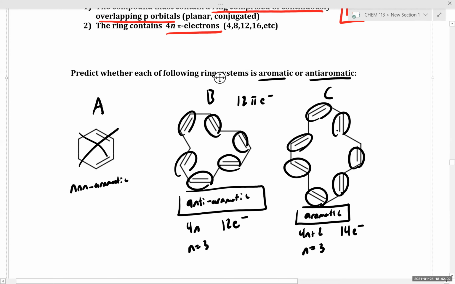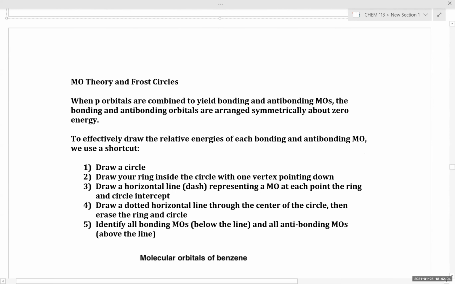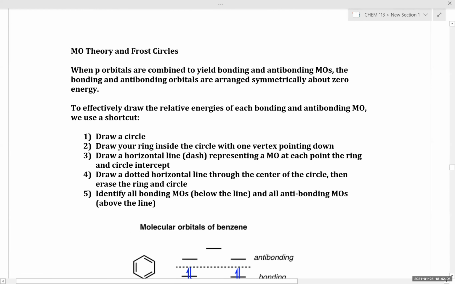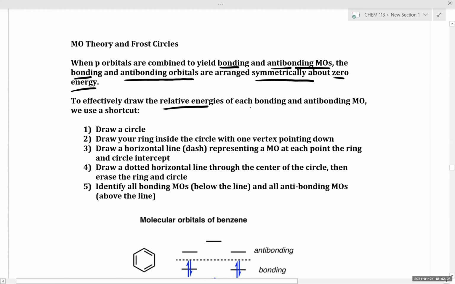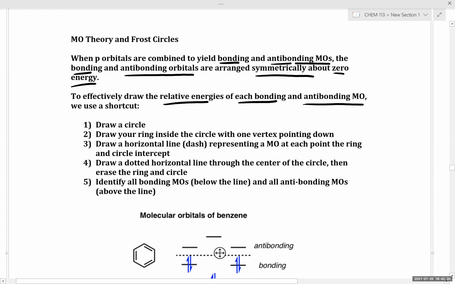Okay, so let's keep going now, and let's talk about MO theory and Frost circles. When p orbitals are combined to yield bonding and antibonding molecular orbitals, the bonding and antibonding orbitals are arranged symmetrically about zero energy. To draw the relative energies of each bonding and antibonding molecular orbital, we use a shortcut.